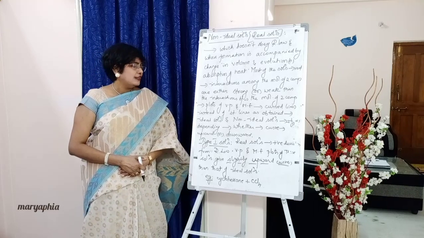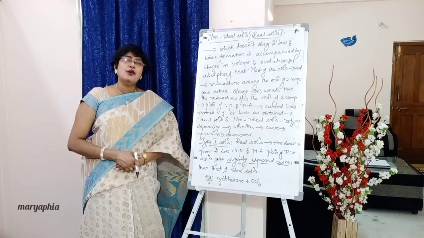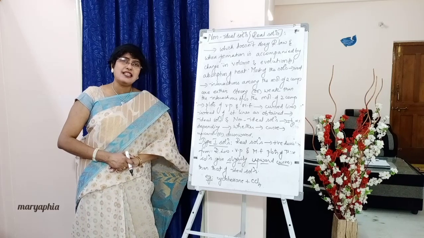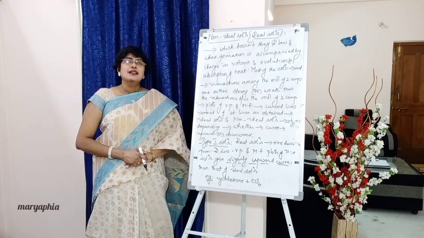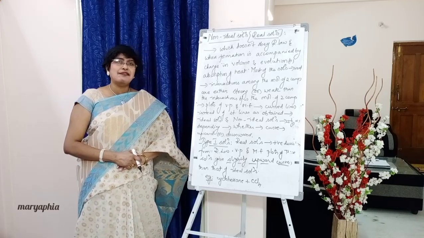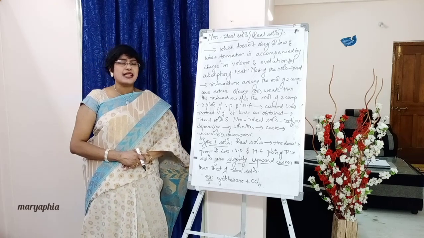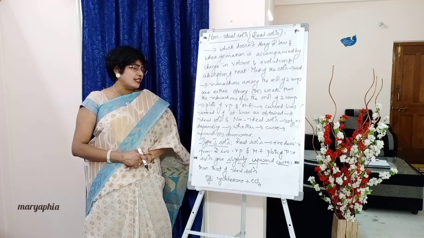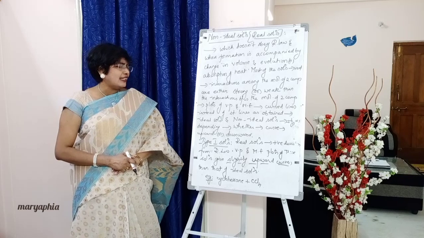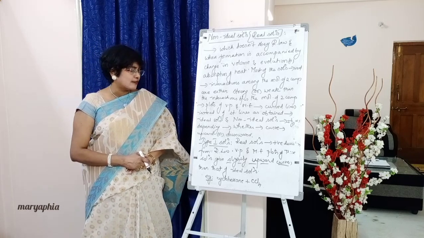Full stop. The vapor pressure and mole fraction plots of these solutions. So when you are plotting a graph between vapor pressure and mole fraction for type 1 solutions, we get slightly upward curves, students.